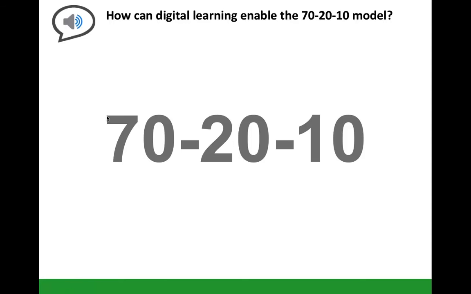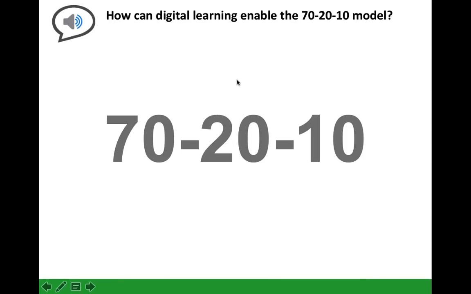The way we think of the 70-20-10 model is, quite often people experience something and then they need to articulate and reflect on that. And it's actually in the 20, either with peers or their manager, that the articulation and the reflection really happens.